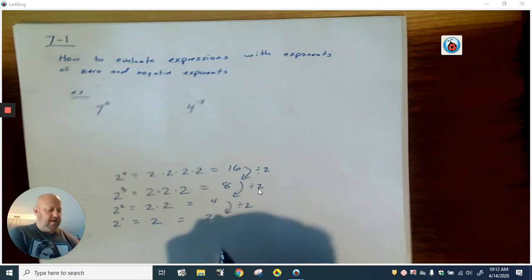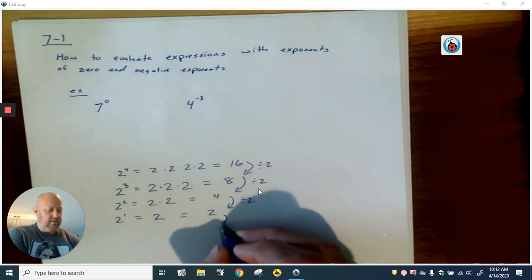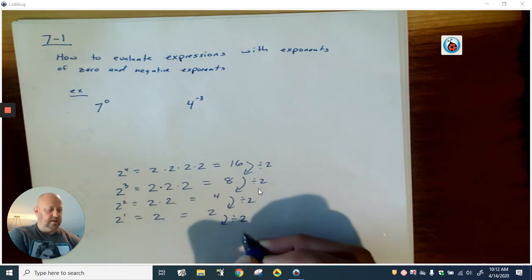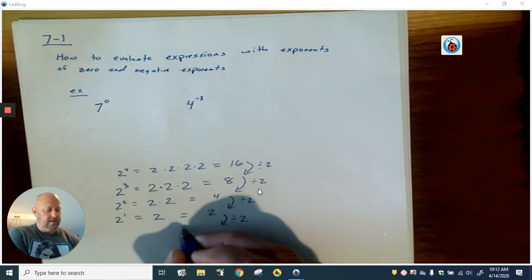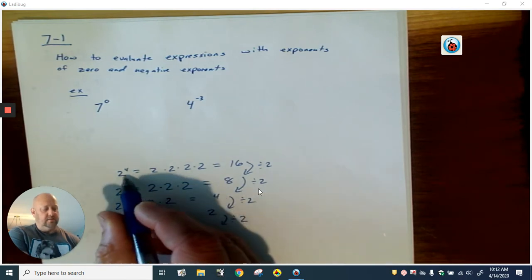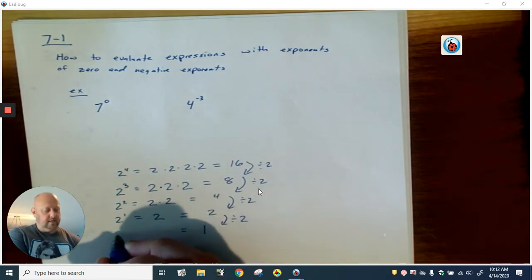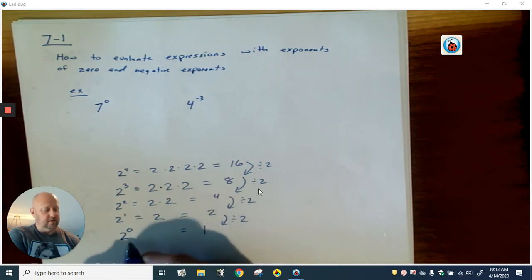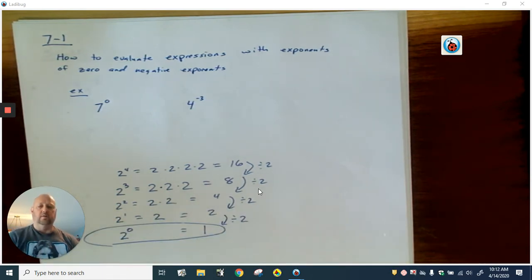Well, if we keep that pattern going and we say we're going to divide by 2 again, well, 2 divided by 2 is going to end up being 1. So that means if you have 2 to the 0 power, that's going to equal 1. And that's actually true for all numbers.